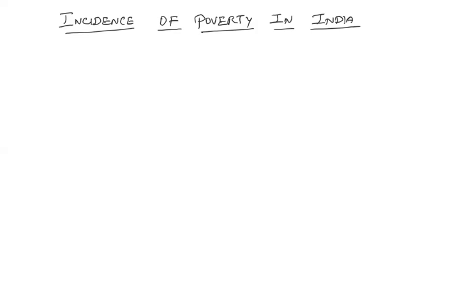Actual estimates of poverty were carried out by the Planning Commission on behalf of the government of India. They started the estimates of poverty based on the consumption expenditure that has to be incurred to consume a minimum calorie intake. And over a period of time, according to price changes, they kept updating what that consumption expenditure should be.